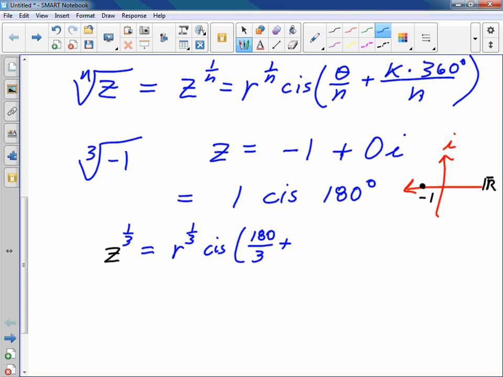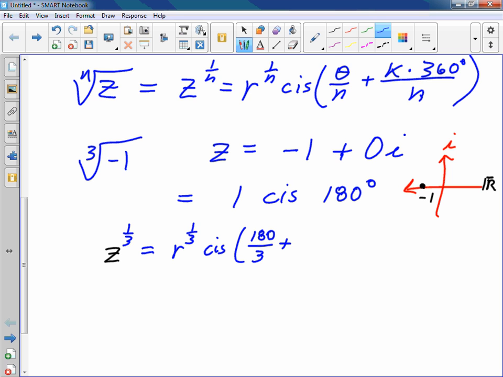So my first k is going to be 0, and I'm going to do k equals 0, k equals 1, k equals 2, but not k equals 3 because it goes up to k equals n minus 1. So I'm going to do k equals 0, 1, and 2.